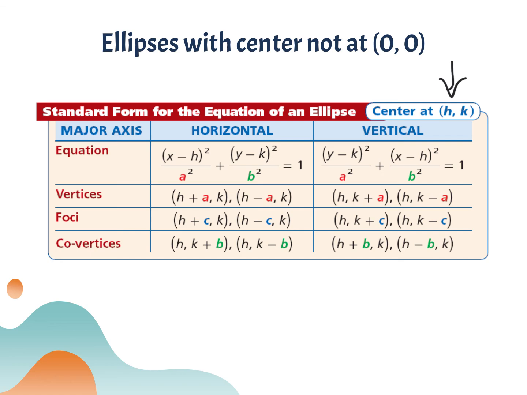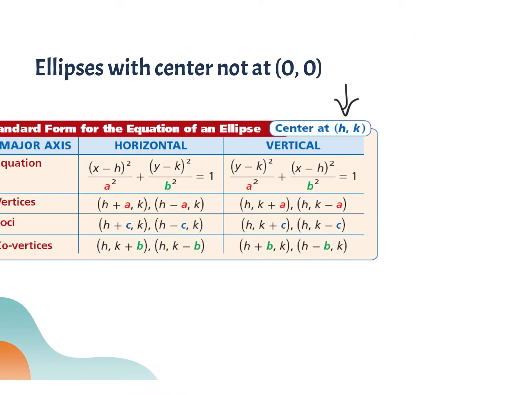Again, a squared is always the bigger number, and it's going to be under the major axis. If you want to memorize this as x minus h squared, and then put the a squared here, just remember that h goes with x, y goes with k.